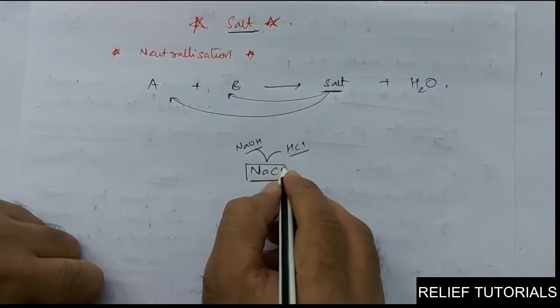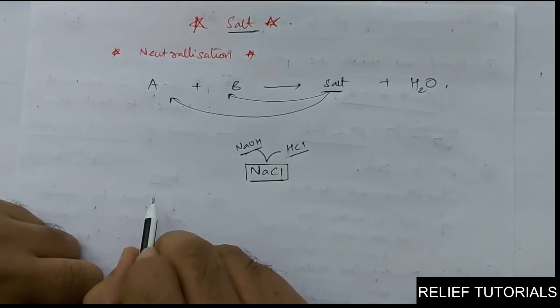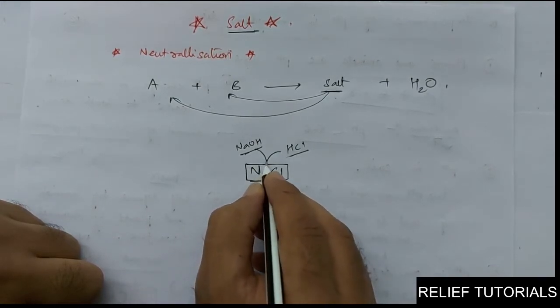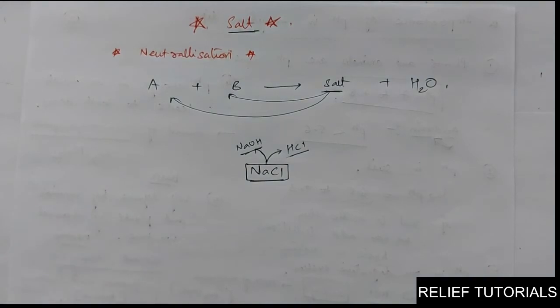So we can say that NaCl is a product of two parental acid and base. Remember from this discussion that every salt has its parental acid and base.